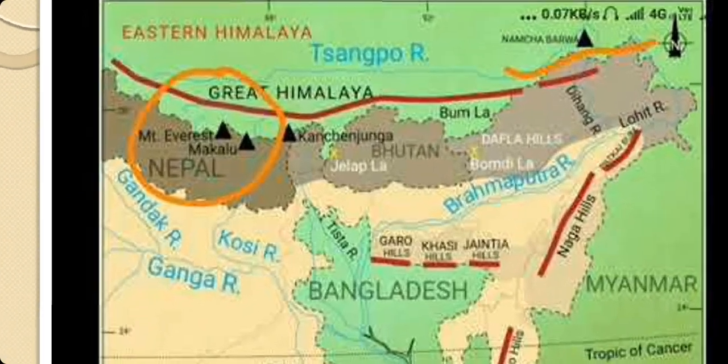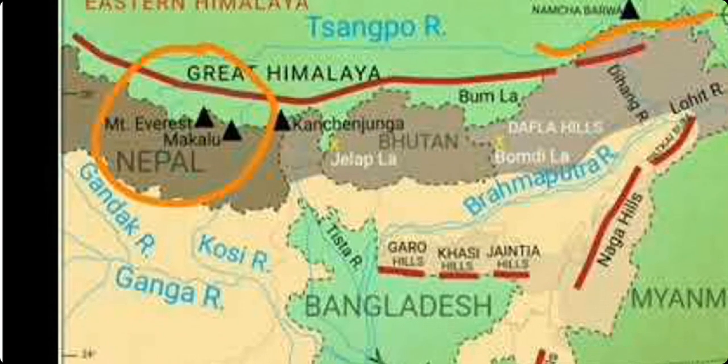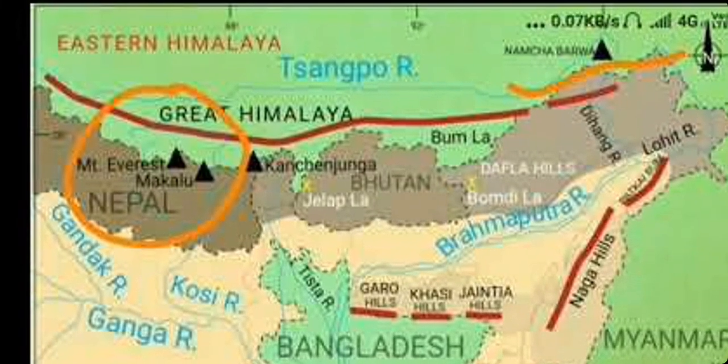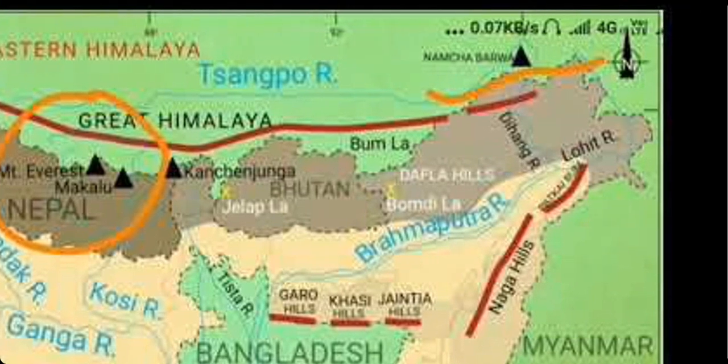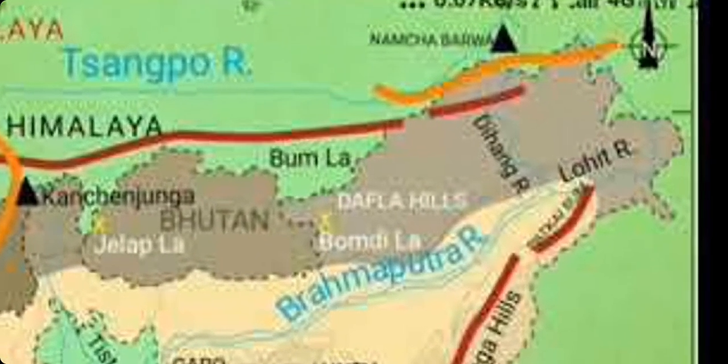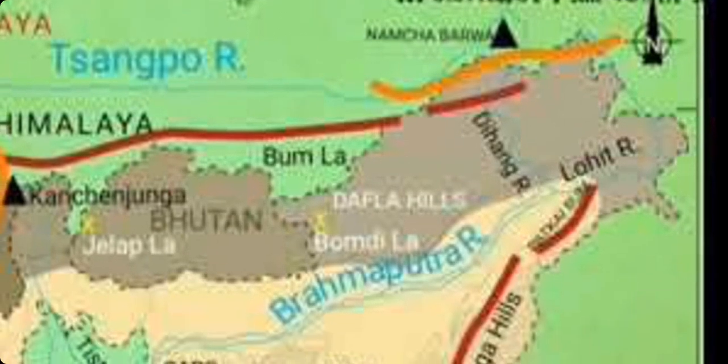The same thing if you see on the map. Here you can see where Nepal is located. You can see the mountains Everest and Makalu, and in the Indian land area you have the Kanchenjunga, and to the north of that you see the river Sangpo, and that goes to the east, and there you have this mountain known as Namche Barwa, and from there it takes a sharp right turn and enters into the Indian territory.